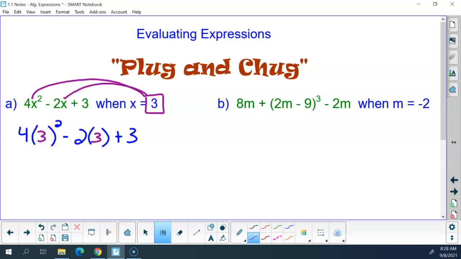Three squared is 3 times 3. 9 times 4, 36. 2 times 3, 6. 36 minus 6 plus 3 is 33.